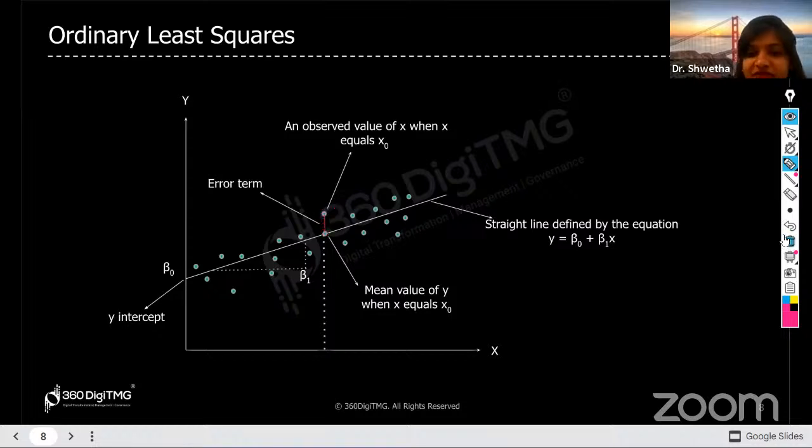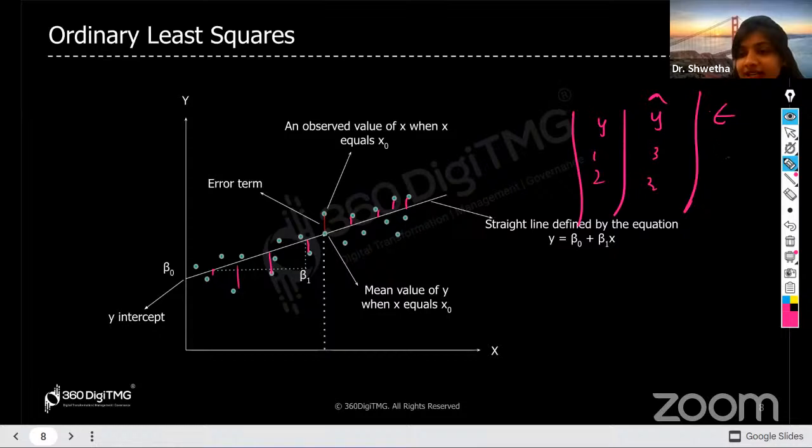Now, if we take these errors, here there are positive errors, and here there might be negative. So once we are calculating the errors, say this is our actual y, this is our predicted y.